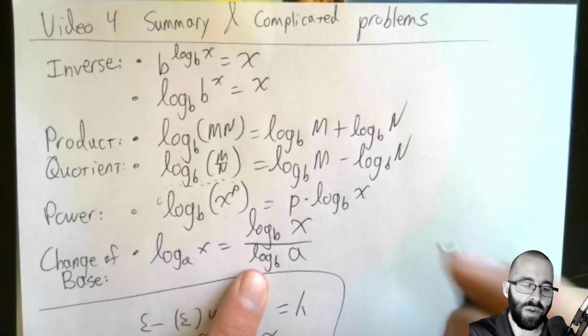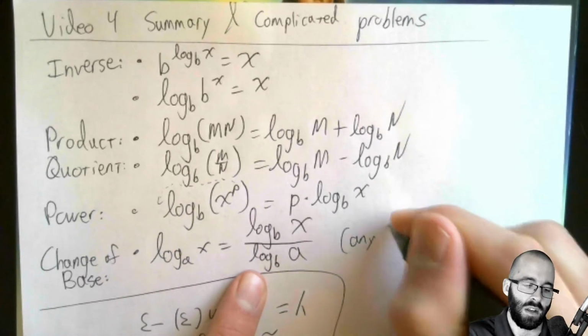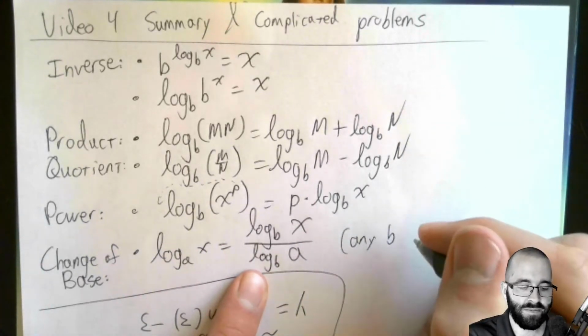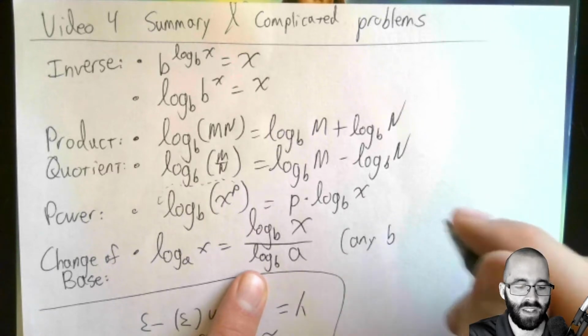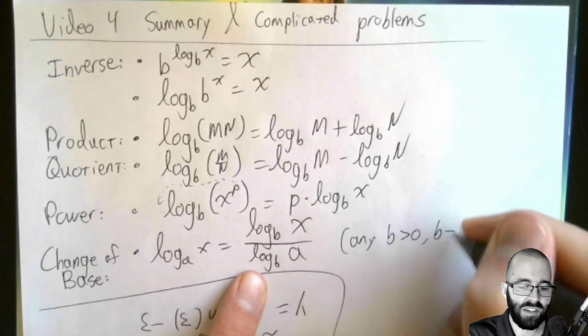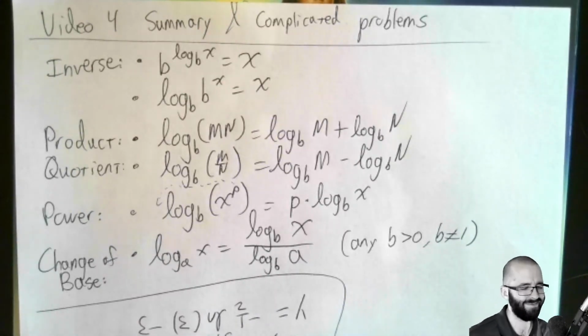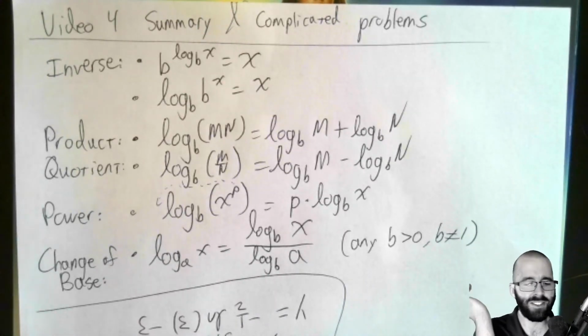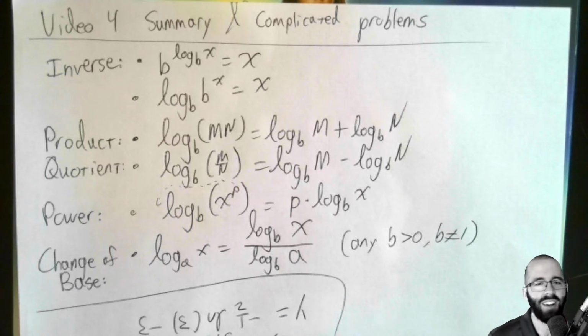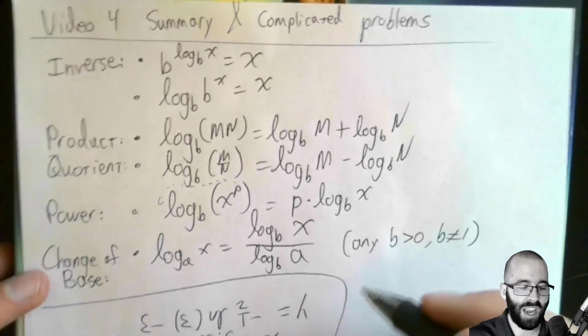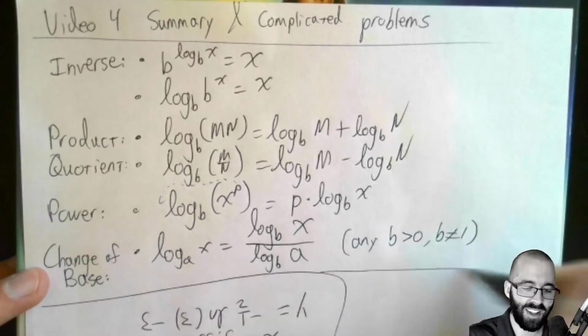And we can choose any b we want. Technically, b is greater than 0 and not equal to 1. You don't want to talk about log base 1, and you certainly don't want to talk about log base 0 or log base negative numbers. That's a whole can of worms we're not opening in this class.